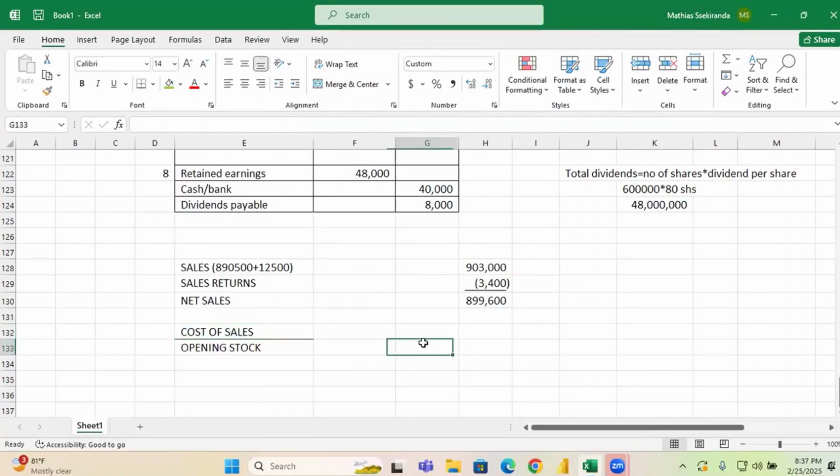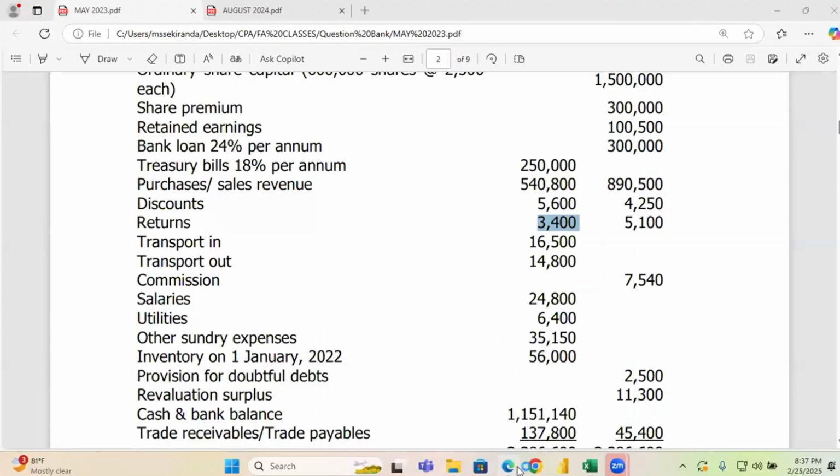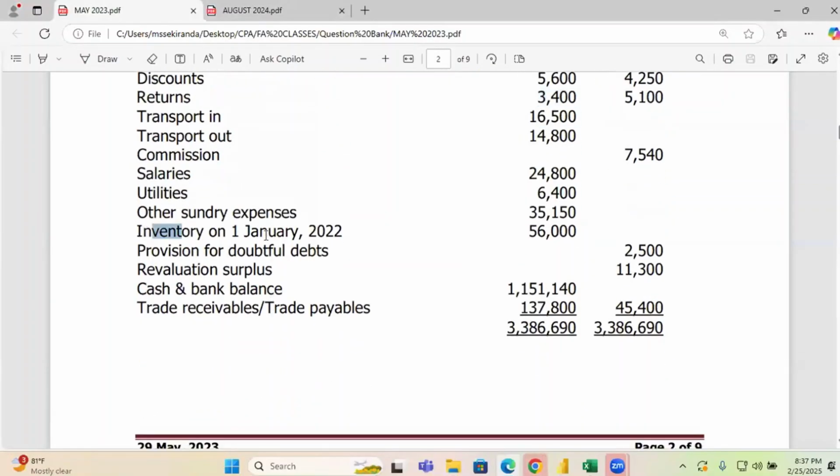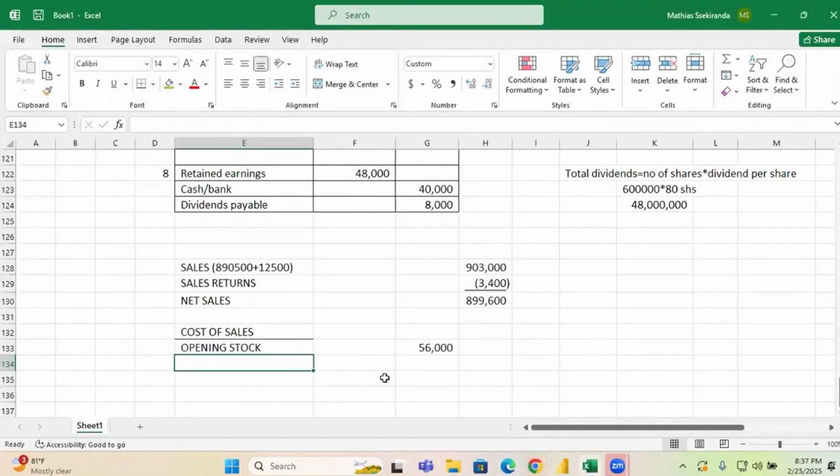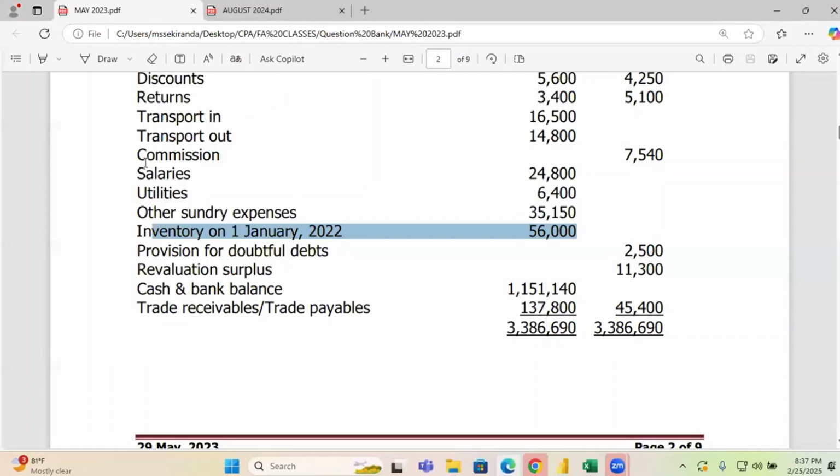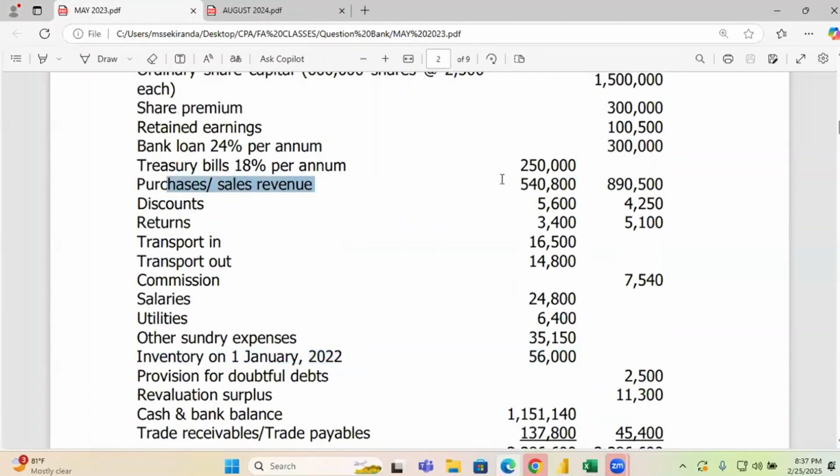Inventory as at beginning of the year is 56,000. We add the purchases. Purchases were given on the same line with sales. Purchases are 540,800.